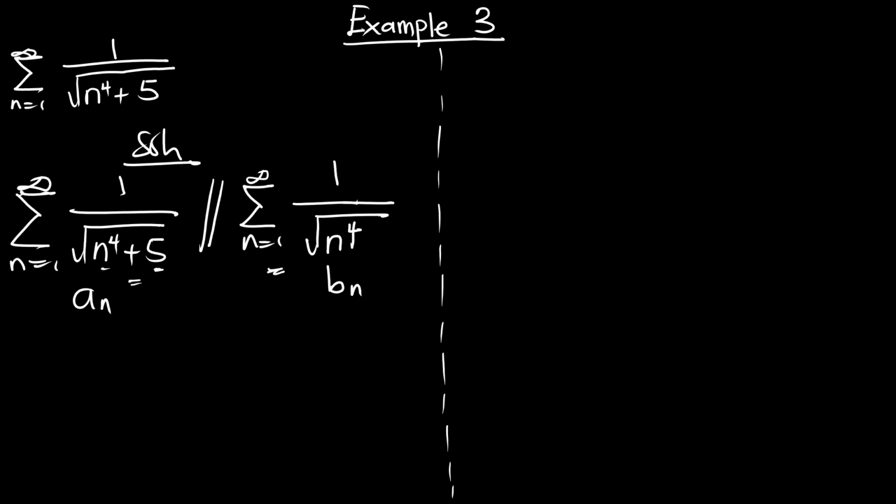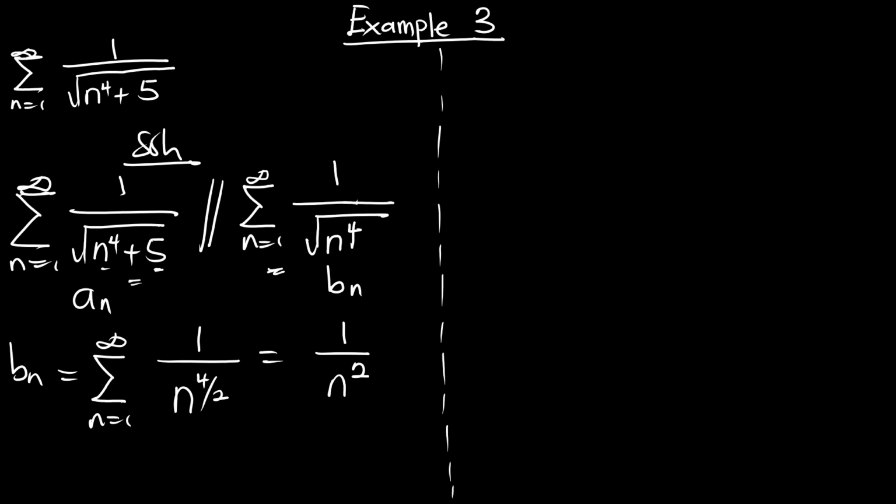Now look at the series bn. We can further reduce it, right? So bn is the same as the summation from n equal to 1 to infinity of 1 on the square root of n to the power 4. Now square root is what? Half, so n to the 4 over 2, right? So this is the same as 1 on n squared.